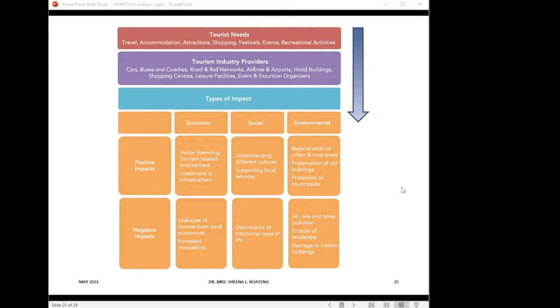However, tourism also leads to increased inequalities because we have people coming from different walks of life, from different places to specific destinations, engaging in all manner of events, festivals, leisure, and activities. And you realize that other areas that do not get this kind of traffic are largely neglected.